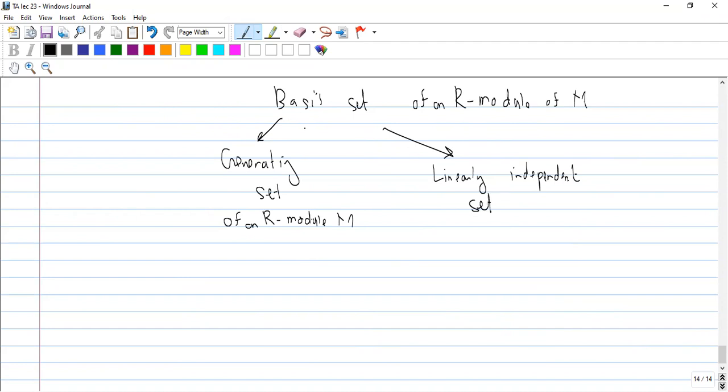So if a subset of an R module M is a generating set and it is also a linearly independent set, then we will say that it is a basis set. So the definition of a basis set is the same as what we do in vector spaces.